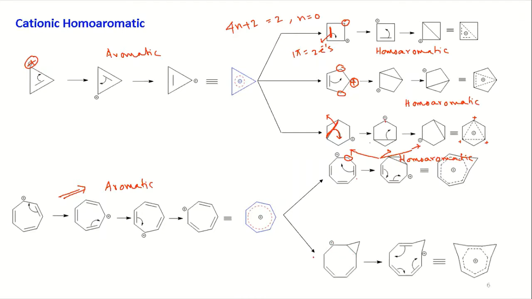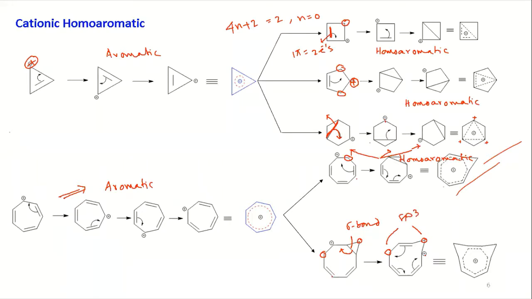Another is this structure. Look at here, this is a cation, you have sp3 here, you have sp3 here, and you have a sigma bond here. This bond can move and these two pi bonds can move. This sigma is broken, so this comes here, you have a positive charge here, and now this moves in this direction, overlooking these structures. So the aromaticity is maintained by overlooking these two sp3 centers.